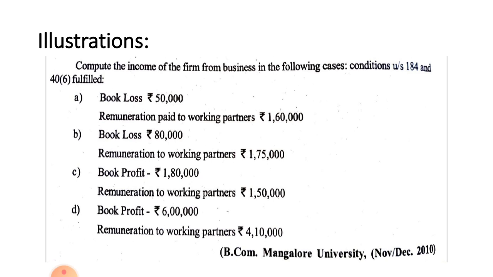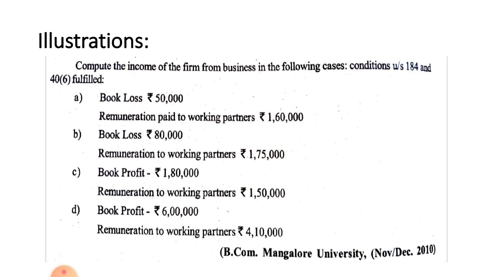Second, book loss 80,000, remuneration to working partners 1,75,000. Third, book profit 1,80,000, remuneration to working partners 1,50,000. Next, book profit 6 lakhs and remuneration to working partners 4,10,000.